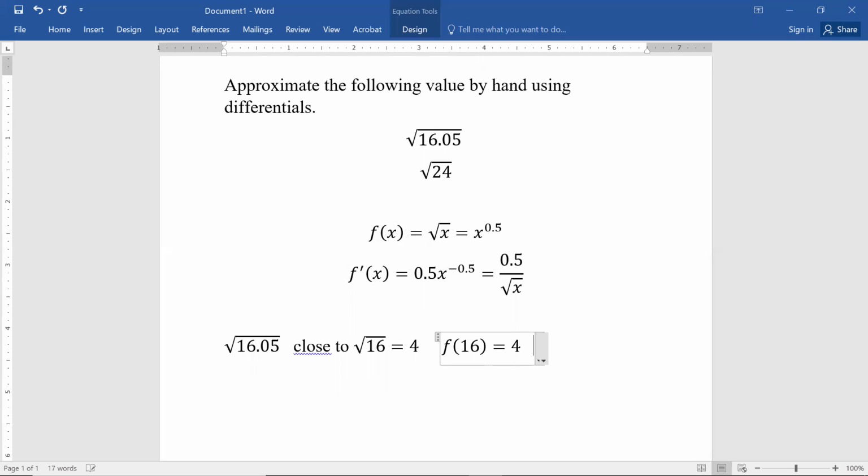Since I know I'm plugging in 16, I might as well also plug in 16 into the derivative. If I take 0.5 divided by the square root of 16, I end up with 0.125, or if you want to write that as a fraction, 1/8. I'm going to write this as a decimal, 0.125.